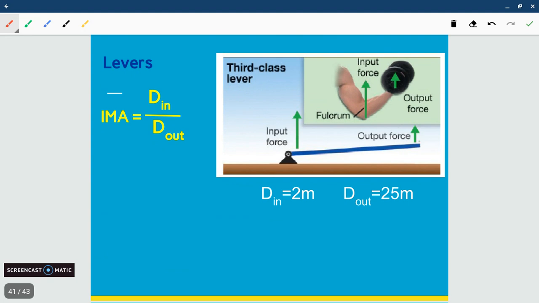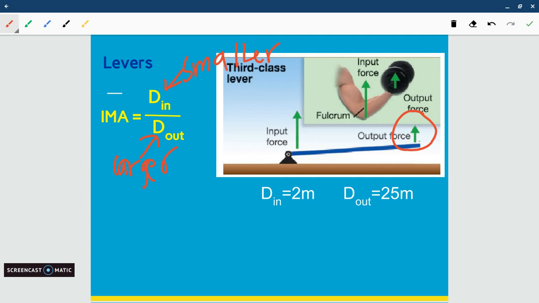If we have a third-class lever, this is essentially exactly the opposite of a second-class lever. You have the output way out here, so the output is always the larger number and the input is always the smaller number. In terms of the math, you will always get a decimal, a number less than 1, which means a third-class lever actually decreases your force.